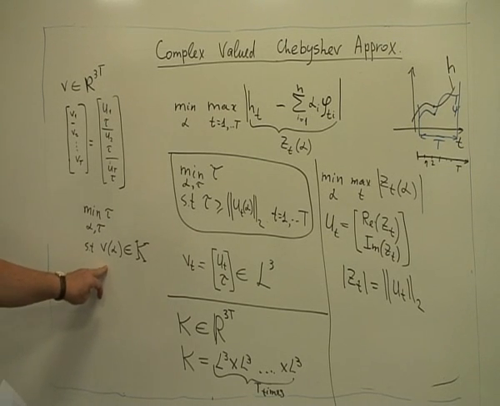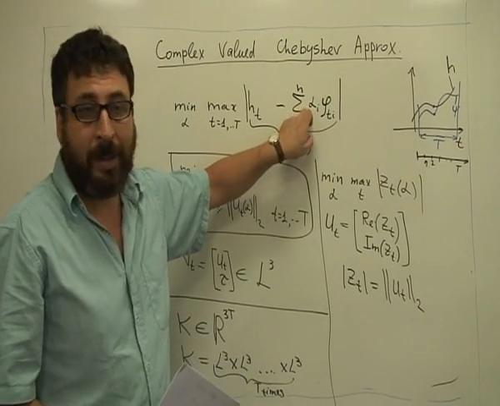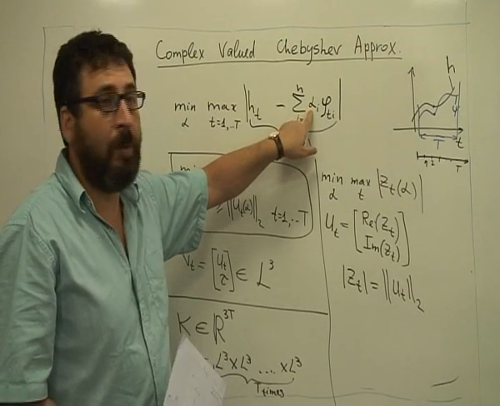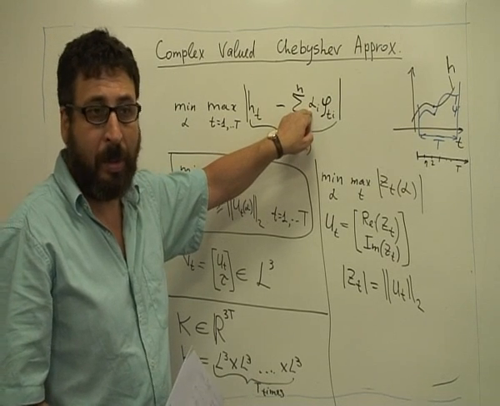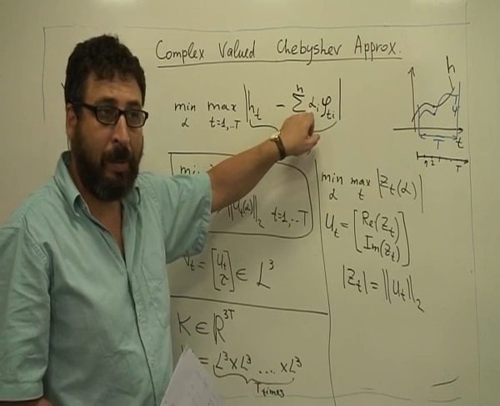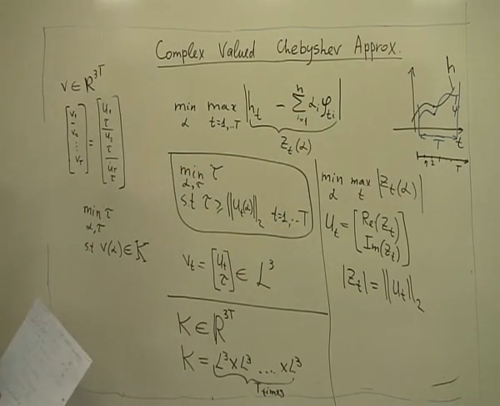Okay. Actually, we almost defined our problem, except for the part that we have a vector alpha, and we want alpha also to have complex values.